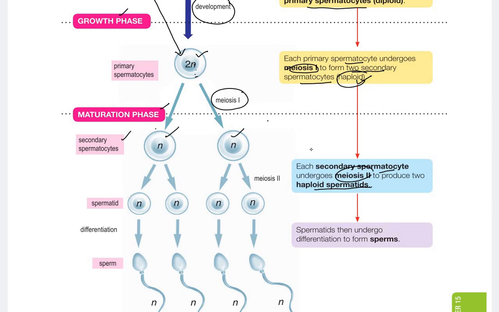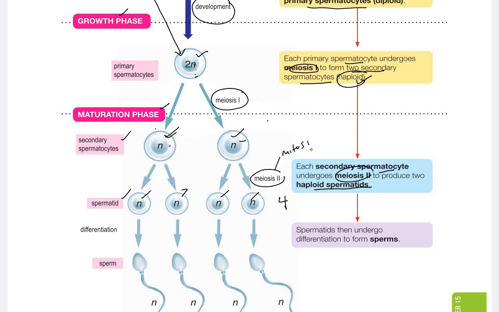So now each of the secondary spermatocytes will undergo meiosis 2 to produce spermatids. So we get 4 spermatids, okay, and also haploid. Okay, so you still remember meiosis 2 is actually just like mitosis.